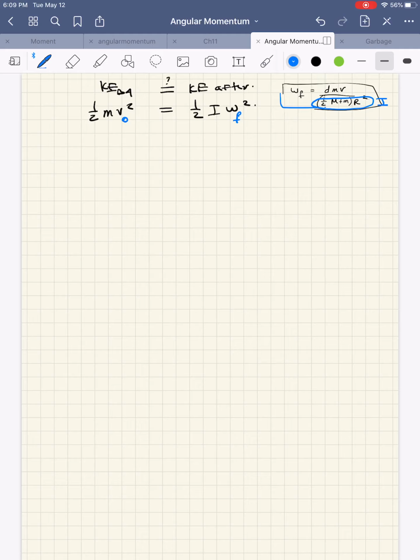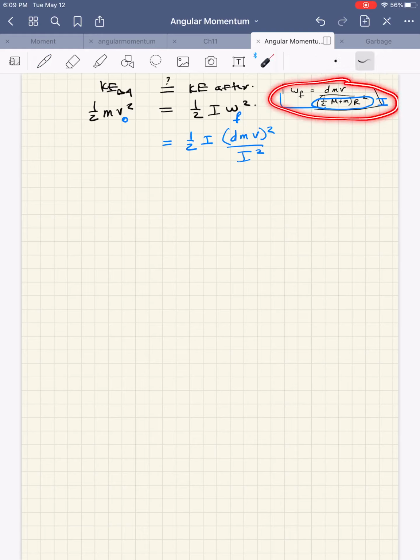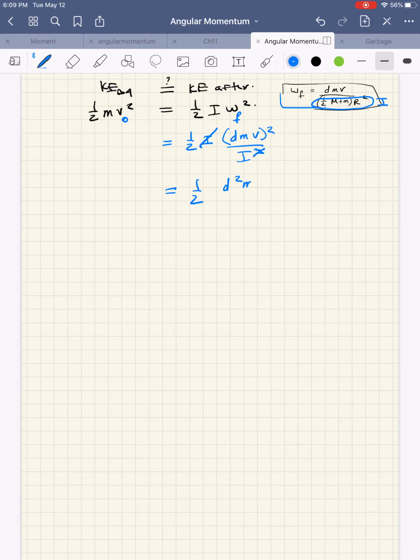So it might be easier for me to write this right-hand side as 1/2 I dmv squared divided by I squared, which is me just squaring dmv divided by I and inputting here, just so I don't have to worry about cancellation, because this is a little bit easier to look at. And I'll input the I now. So this is also V naught right here.